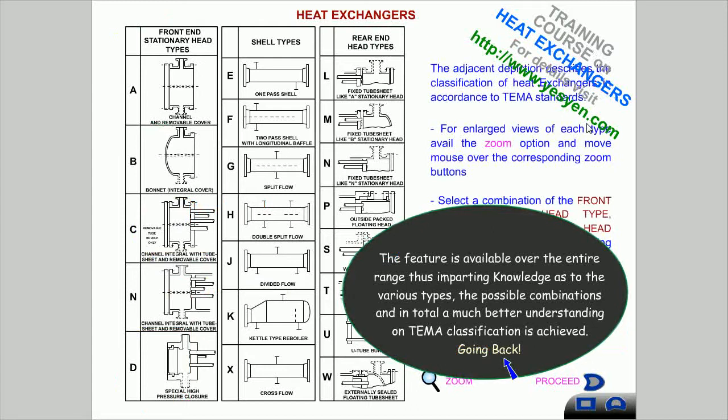The feature is available over the entire range, thus imparting knowledge as to the various types, the possible combinations, and in total, a much better understanding of TEMA classification is achieved. Going back.